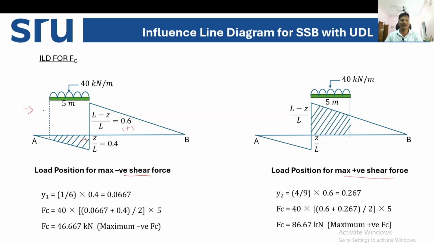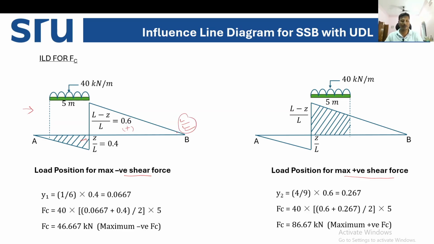You just imagine at what position the UDL will be on the diagram so that we get the maximum negative shear force. This diagram is nothing but the influence line diagram for shear force, which means this is the response diagram for the shear force for a unit load.